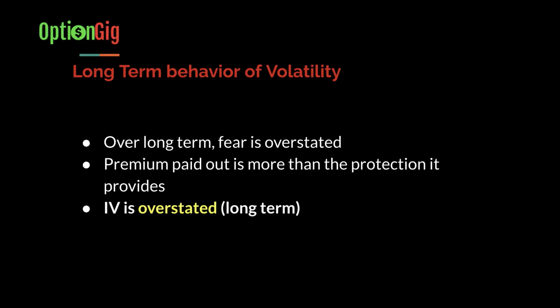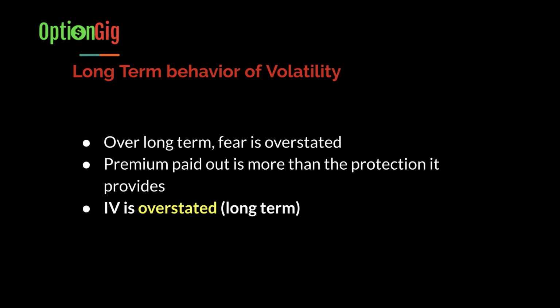We'll see visually also how IV, or implied volatility, is overstated in the long term. I want to emphasize again that whatever we are talking about today is applicable only in the long term. There will be, and there have been, scenarios for shorter durations, like what happened at the end of Feb and March, when the implied volatility was understated.